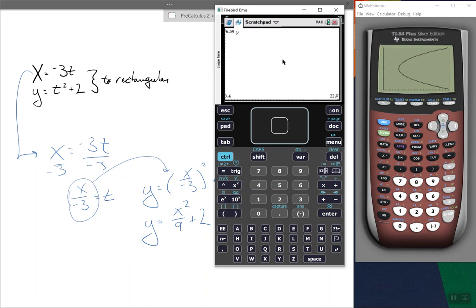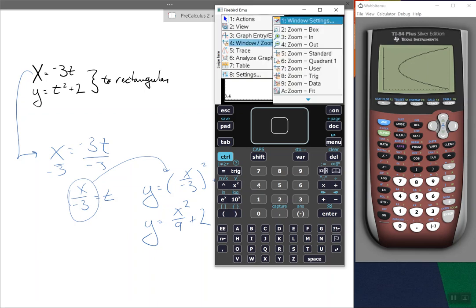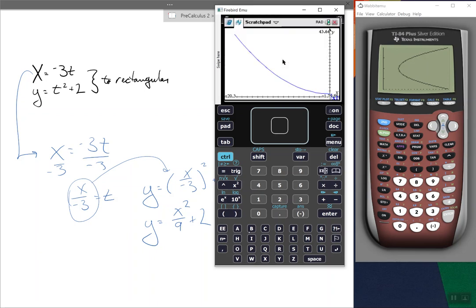Good enough. So we'll go to zoom fit, and we have that. Okay, cool. So that is kind of the standard window there. I'm going to try to undo that.